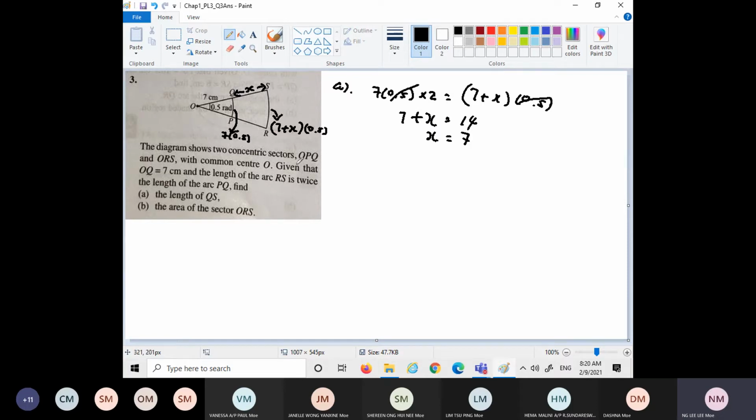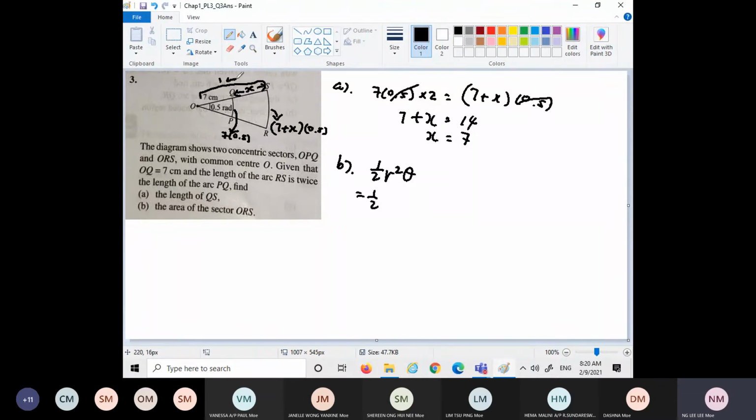Now we come to part B, the area of the sector ORS. Easier. You just follow the formula, half r squared theta. For ORS, the bigger one, the radius is now 7 plus 7, so this whole thing is 14.